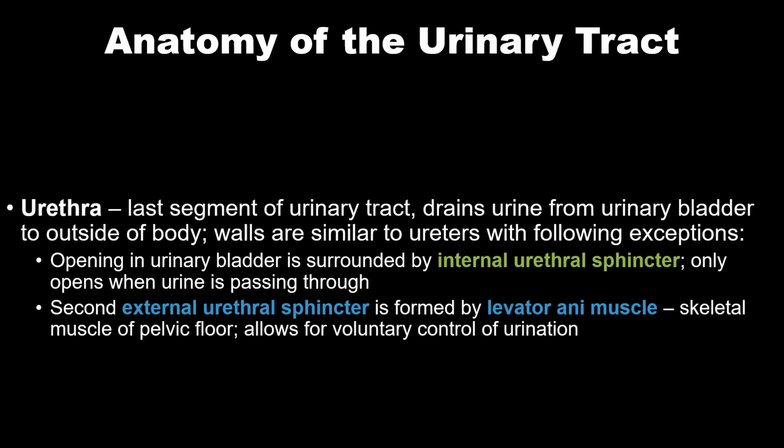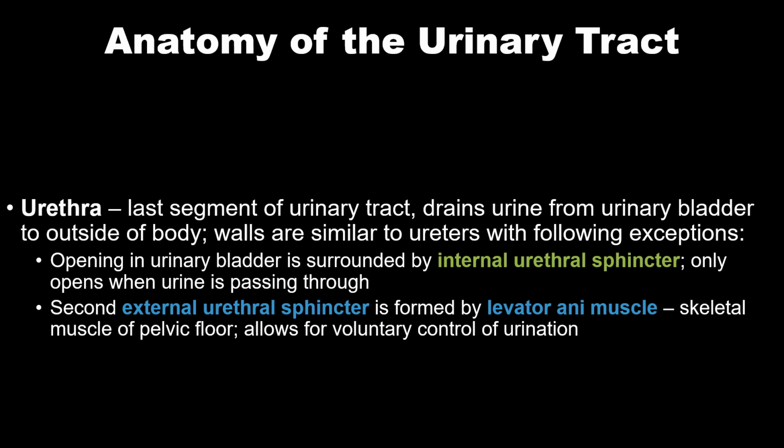Like the rest of the urinary tract, it has an outer adventitia, a middle muscularis, and an inner mucosa. And it begins in the urinary bladder, right, which is surrounded by this internal urethral sphincter. This sphincter remains closed unless urine is voluntarily being eliminated or involuntarily being eliminated.